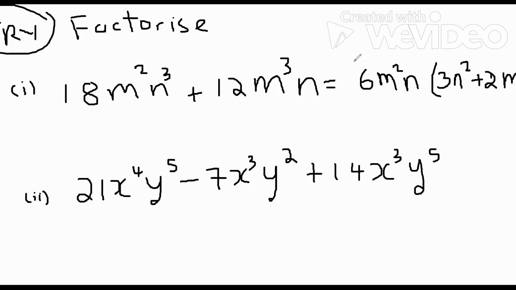Any concerns about this answer here? Anybody lost? I'm not lost, but I wonder if I made a mistake, because you said from the lowest to the highest. It seems as if I took down the wrong thing. Was it 18m squared?